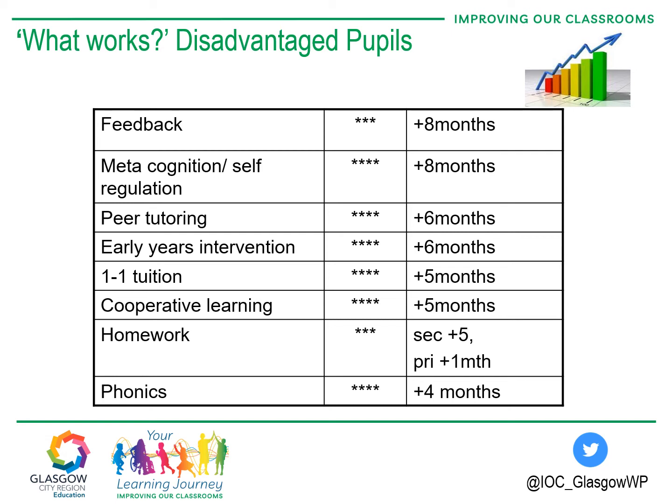their findings. One-to-one tuition, cooperative learning, again, all worth considering, children getting those skills to work with each other. And homework here, you can see there's a difference in homework here for our children that are disadvantaged. And again, reflect on that. Why is it giving a decent return for the majority of our pupils, but not for our disadvantaged pupils?